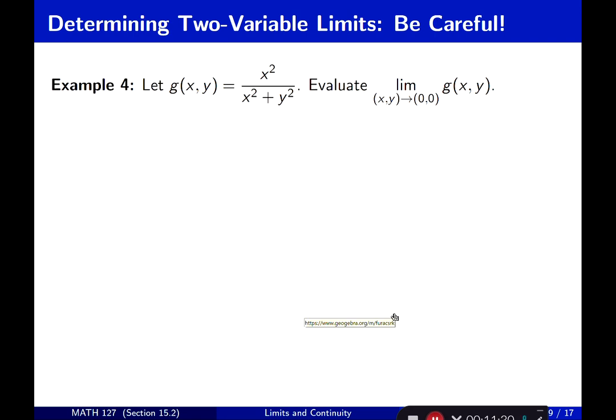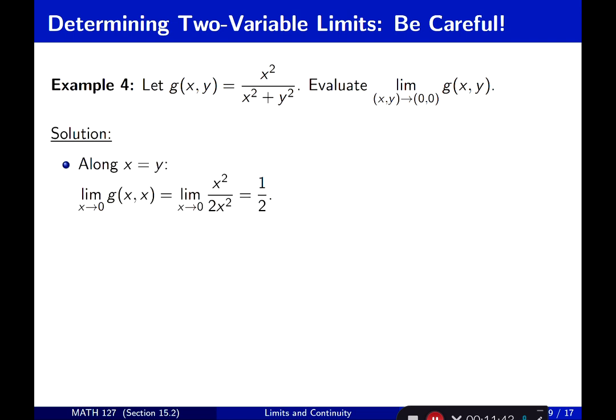So let's go with one path that approaches 0 and 0, and that could be the path x and x basically. So let's go along the path x equal to y, or y equal to x.